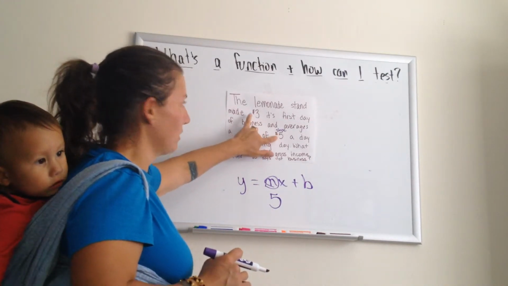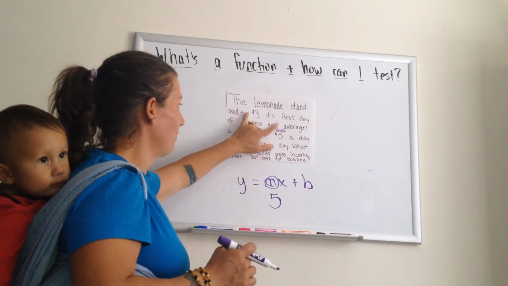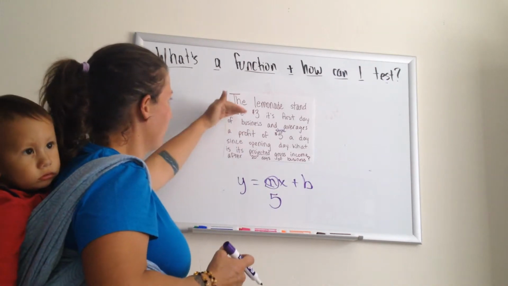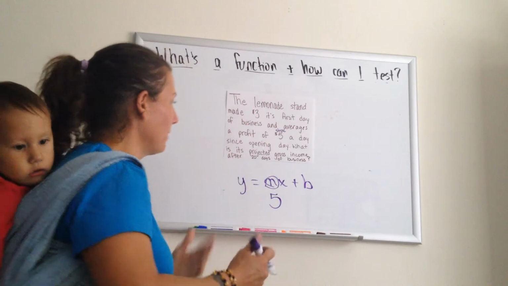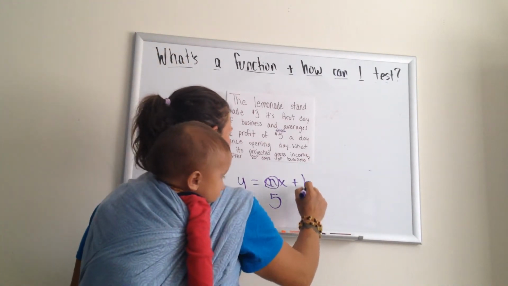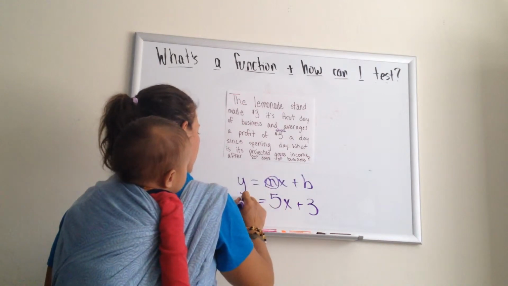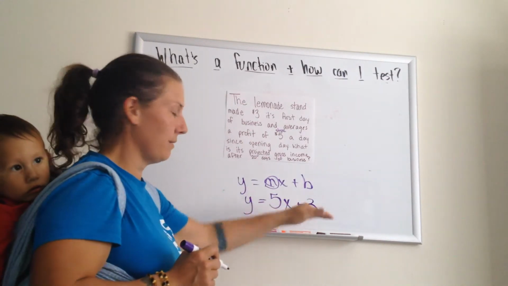Well, usually your slope and your y-intercept are going to be in the same format, so money on both of those numbers is going to be my first clue. So if we're starting at $3 and increasing 5 a day, then that probably is going to be my y-intercept. So now I've identified b, which is 3. So now I have an equation in slope-intercept form. Y equals 5x plus 3.